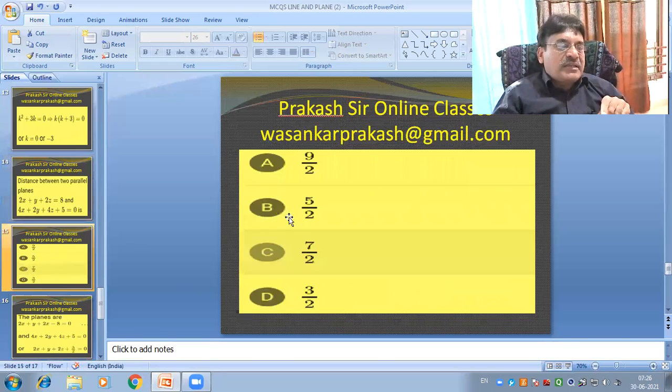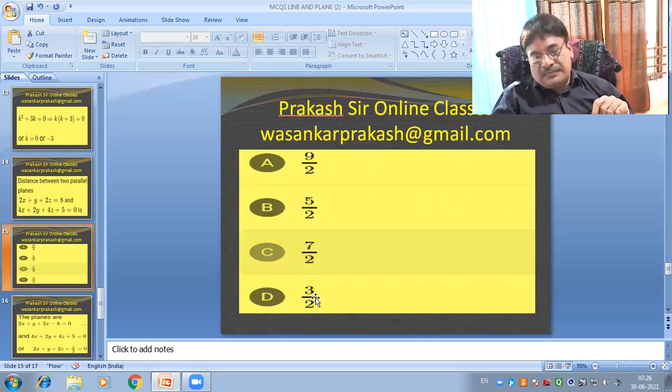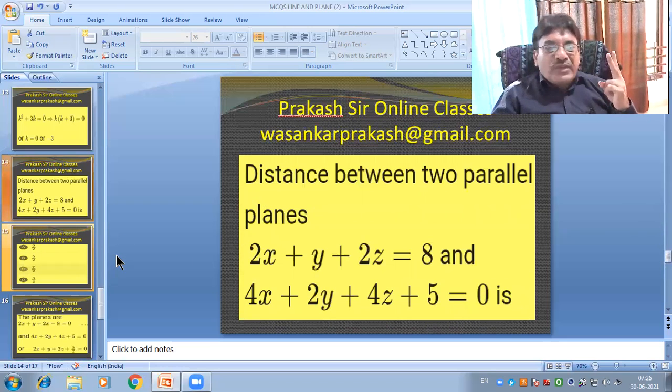Option A is 9 by 2, option B is 5 by 2, option C is 7 by 2, option D is 3 by 2. In this multiple choice question, two equations of the plane in Cartesian form are given.